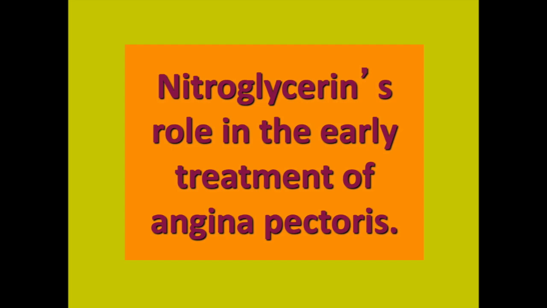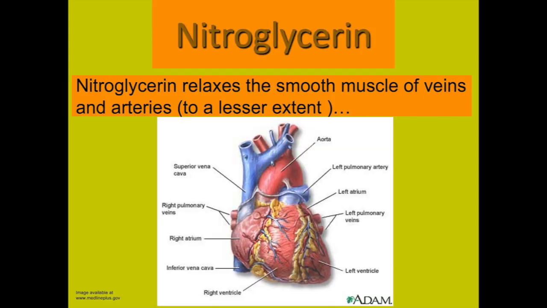This is going to be, again, where we've got a coronary event happening. It could be either angina or it could be the beginnings of a myocardial infarction or an MI. So nitroglycerin is going to relax the veins and, to a lesser extent, the coronary arteries. So the coronary veins and the coronary arteries. Of course, we want them to do their work on the arteries.